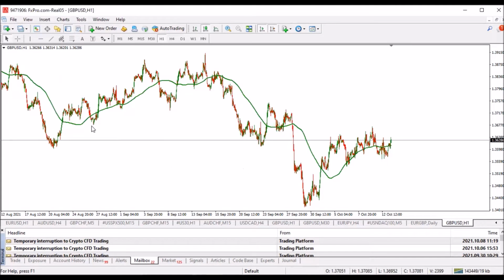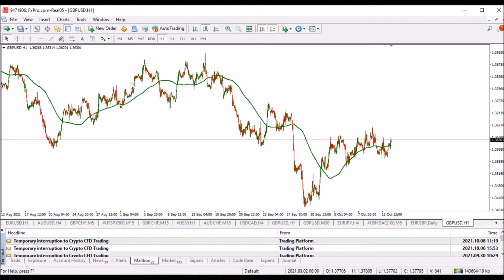Your green line is the moving average 100. Every time the market goes below it, it's a sell opportunity. But if the market is above it, just like this, we are looking for buy opportunities.